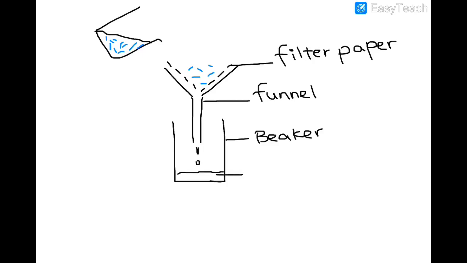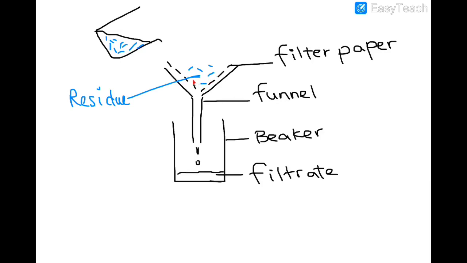So the liquid part is called the filtrate and the solid part is called the residue. Here you have the residue on top of the filter paper, and you have the filtrate that is collected as the liquid here.